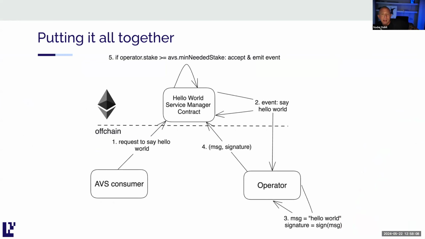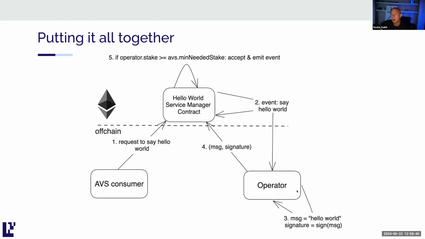What we're going to look at in our demo is the most simple, dumbed down version of what an AVS could be. We're running an AVS that emits a hello world event, which is then verified on chain. That's kind of it. Here we have a line that separates the off-chain and on-chain parts.